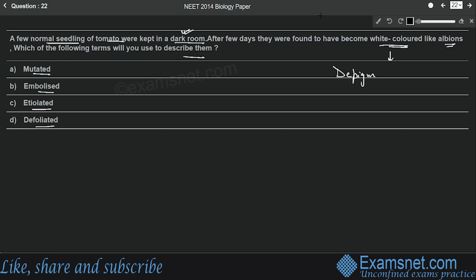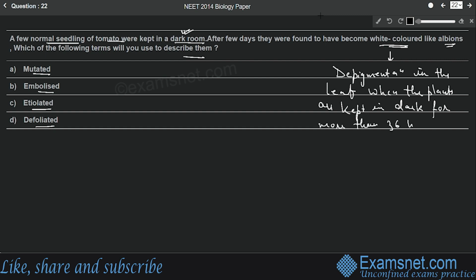And we know that depigmentation in the leaf when the plants are kept in dark for more than 36 hours is known as etiolation.